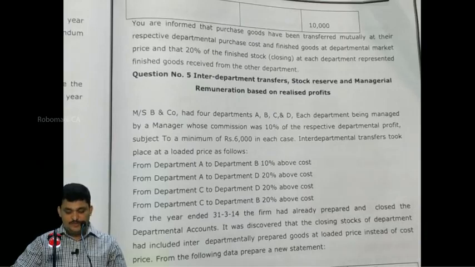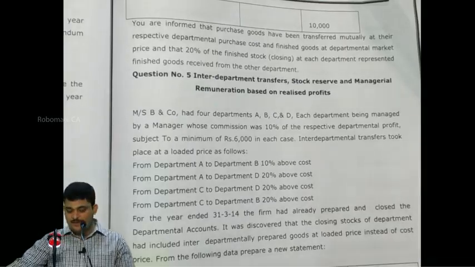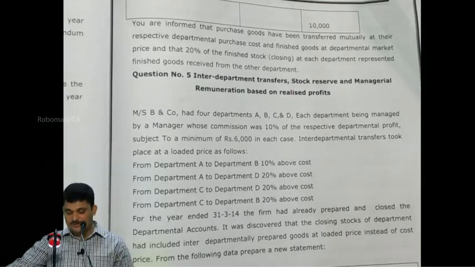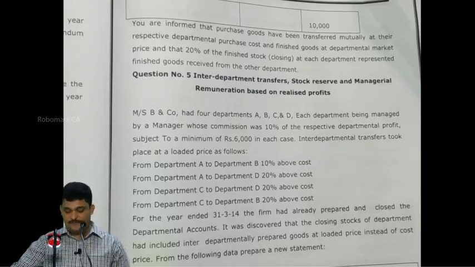Interdepartmental transfers took place at loaded price as follows. From Department A to Department B, 10% above cost. From A to D, 20% above cost, C to D, 20% and C to B is also 20%.